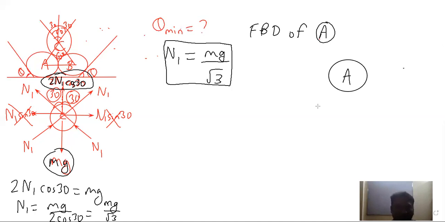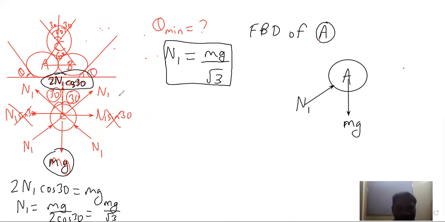Cylinder C exerts a force N1 as we have already seen. Other than that, let us think about other forces. One is weight. The weight of this cylinder acts in downward direction, and it is of course mg. Then let us think about the other forces acting here. Other forces acting here will be N2, the normal reaction.